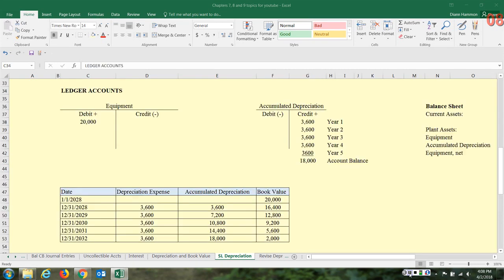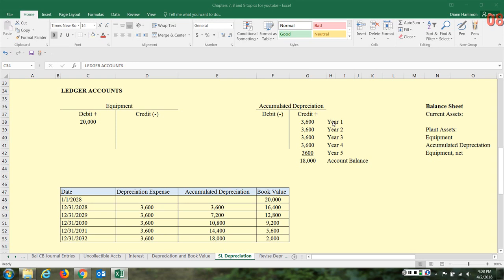Now let's look at what these ledger accounts will look like. And I have a depreciation schedule also in place here to show how the depreciation expense accumulates over time. So of course we have in the assets an equipment account there with a debit balance of $20,000, which was the amount that was paid for this particular asset. Accumulated depreciation, so over time, remember we're making that same entry.